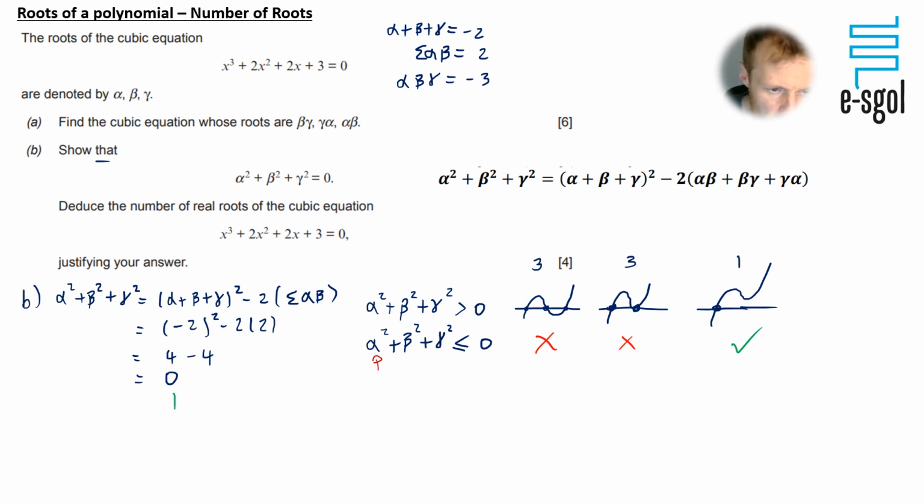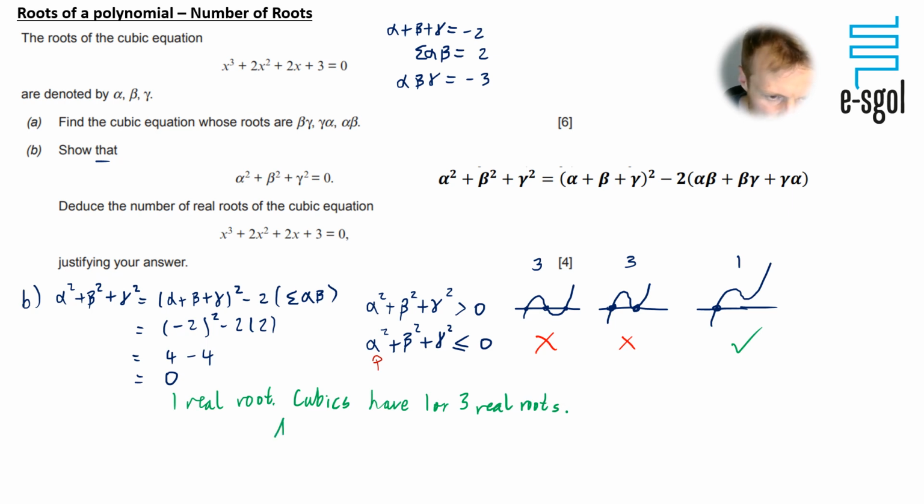So our answer here, when it's asking about how many real roots there are, we will say there's 1 real root, and then we need to make a comment so that we show that we understand what a cubic is. Cubics have 1 or 3 real roots. So that's kind of established that fact.